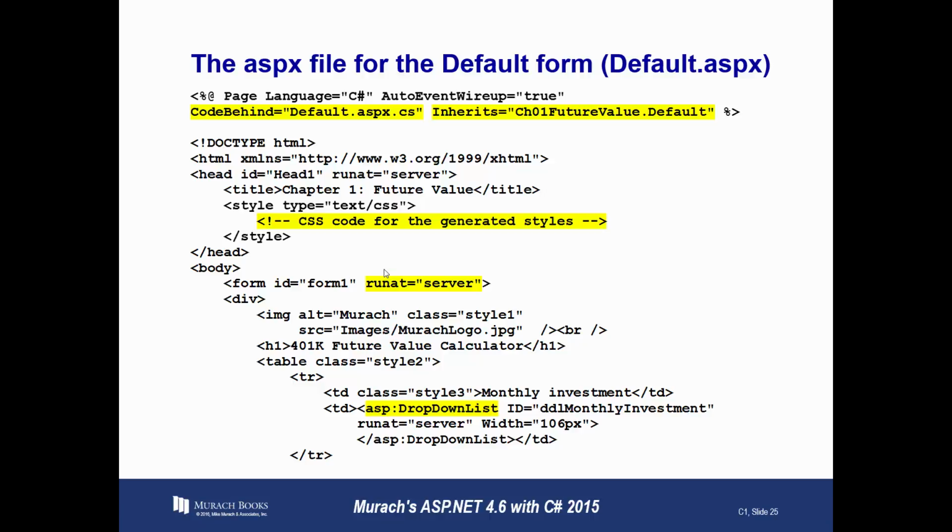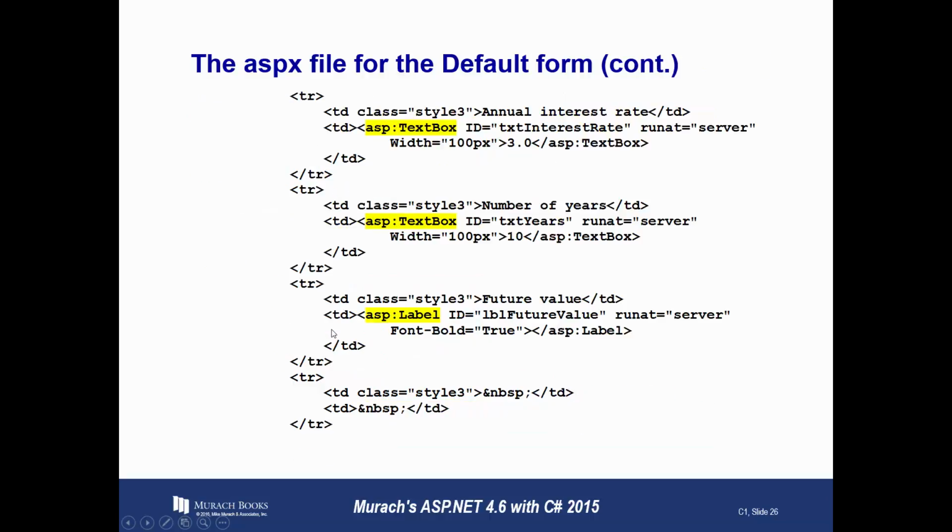Inside of that HTML code, we're going to have some new things. We're going to have different controls that are prefaced with asp colon, and we're going to have something that says runat equals server. What runat equals server means, and they must each have their own unique ID, is that they are server-side controls as opposed to client-side controls that we have been using up to this point in our training.